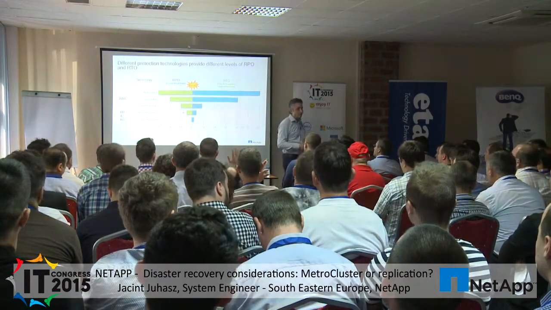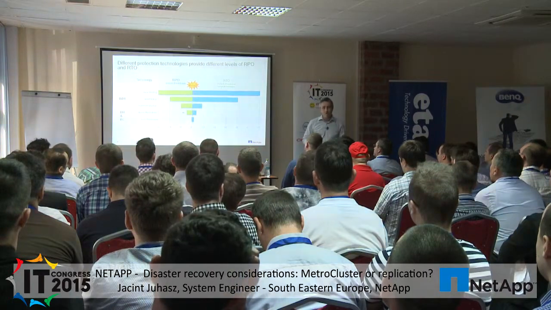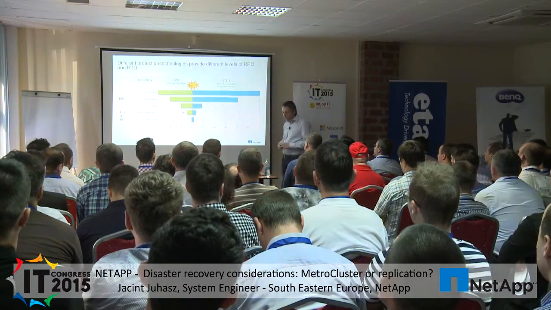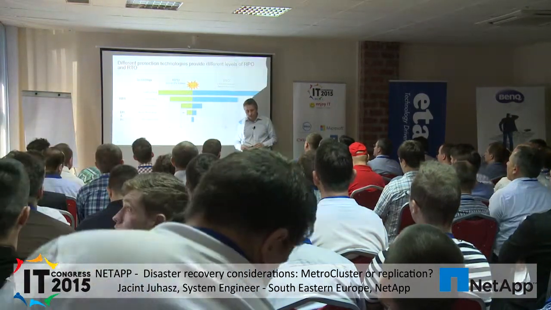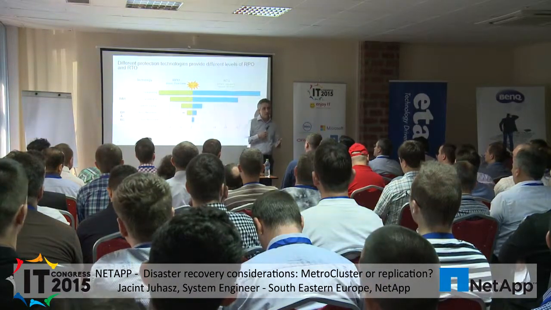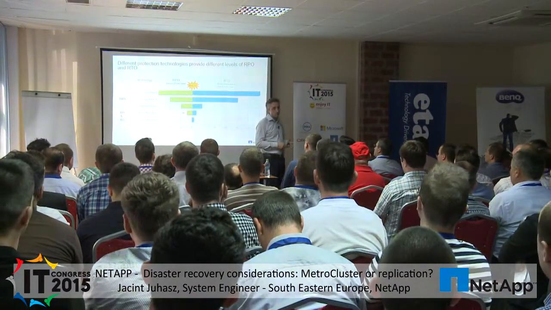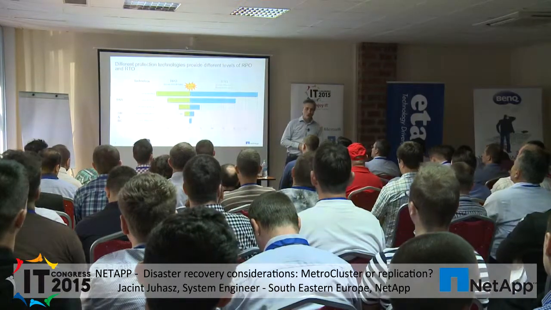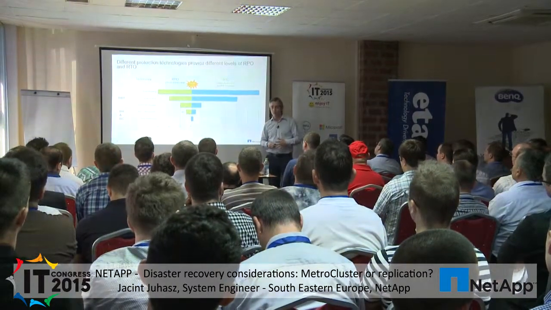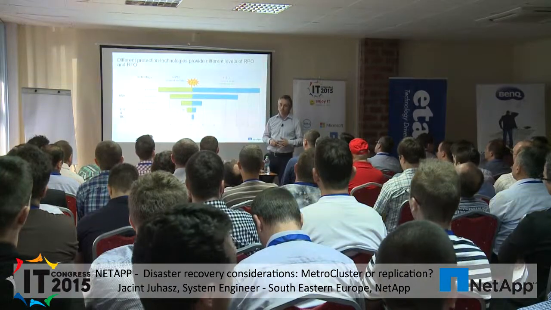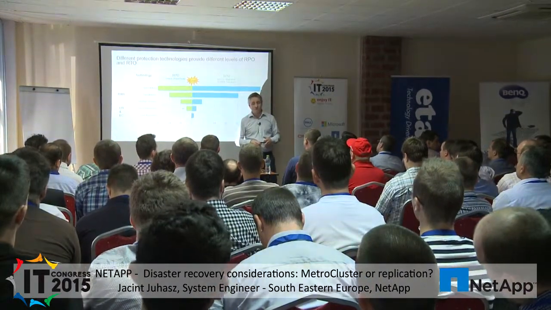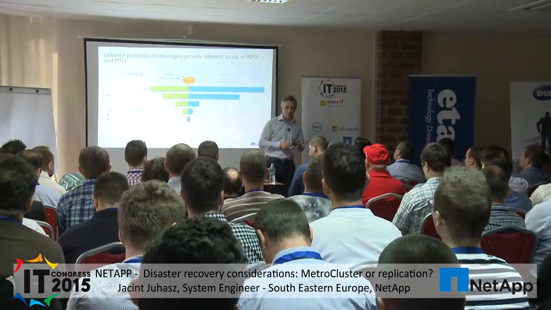A few hands. So RTO, the recovery time objective, is the time you need to recover your services after the disaster. RPO is the recovery point objective. That is the amount of data you are willing to lose.